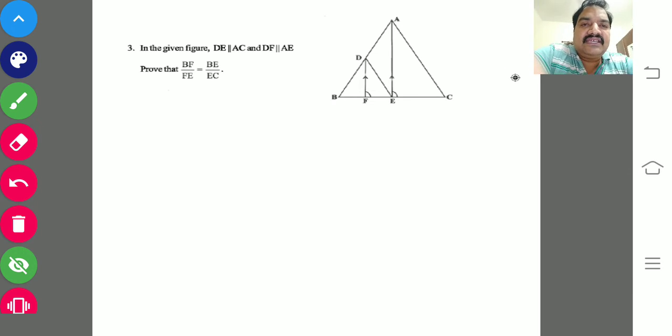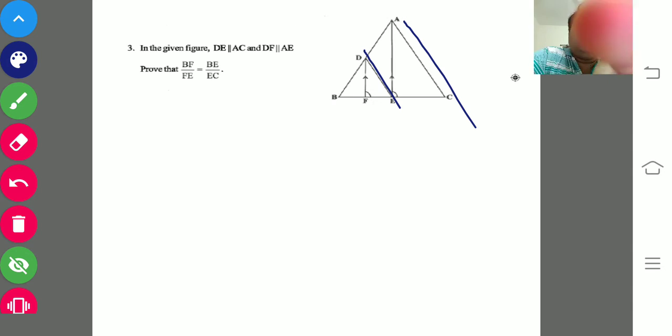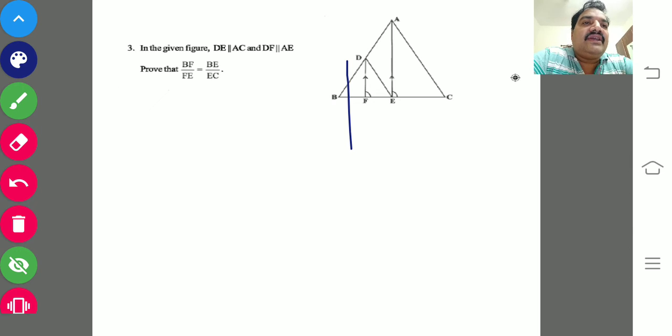Here you just see the third question. In the figure, triangle ABC is given. DE is parallel to AC, and DF is parallel to AE. So what are you going to prove?